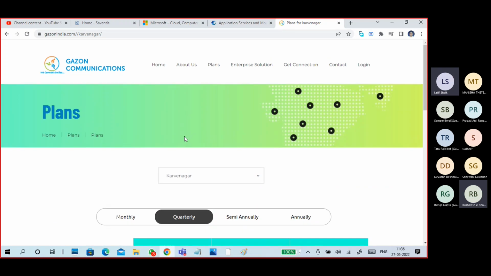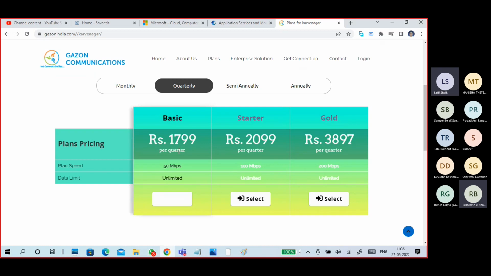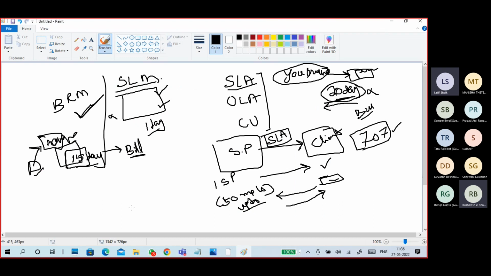It is working well because the important thing for internet services is that the local guy must be good. If the local management people are good, then obviously you will get a good connection.